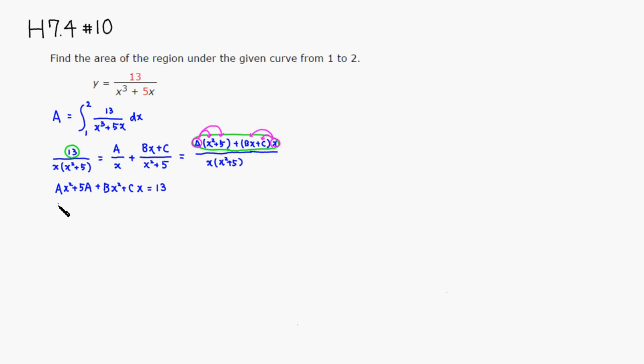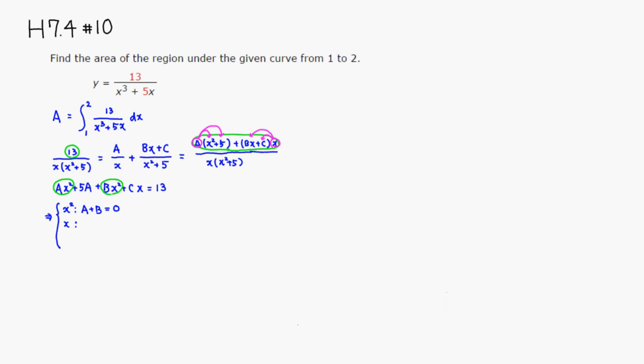Let's compare coefficients. Let's look at the coefficients of x squared: we have Ax squared here and Bx squared, so the coefficients are A and B. There's no x squared term on the right-hand side, so A plus B has to be equal to 0. Now let's look at the linear term.